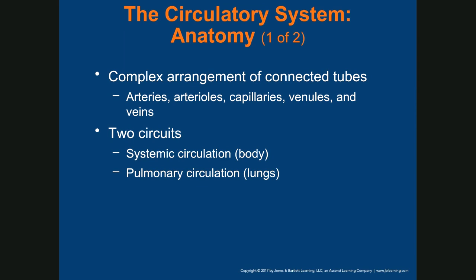And then you have the pipes. In order to understand the circulatory system very well, we must understand how the pipes work. So you have arteries, arterioles, capillaries, venules, and veins. These are things that you need to commit to memory.